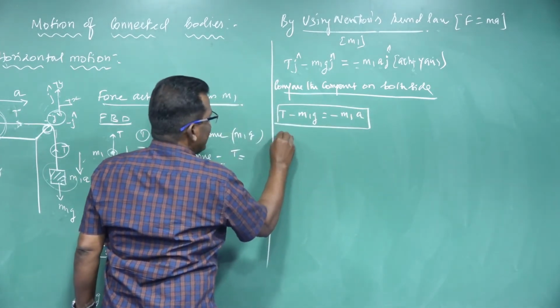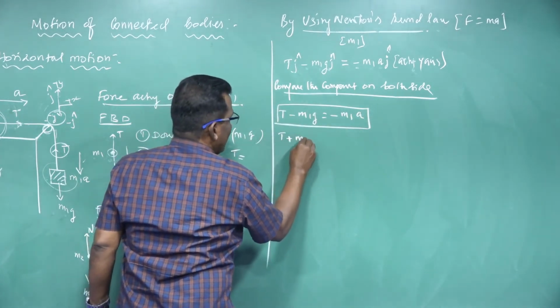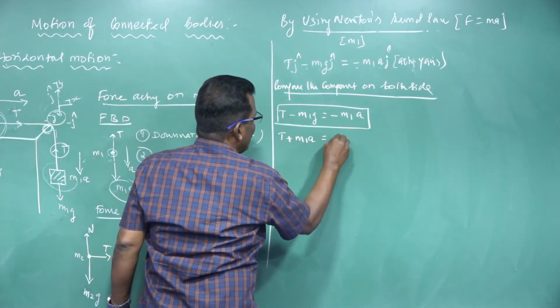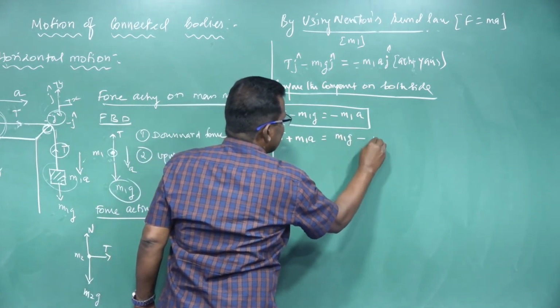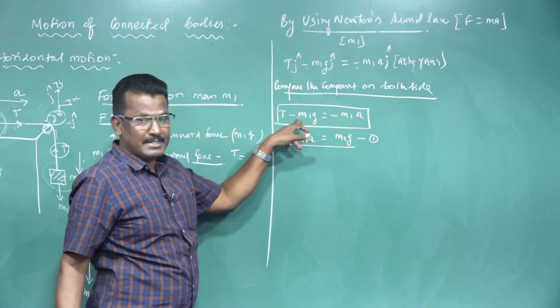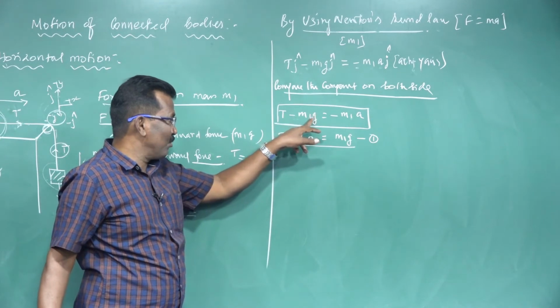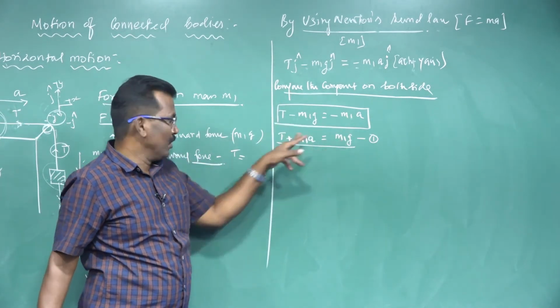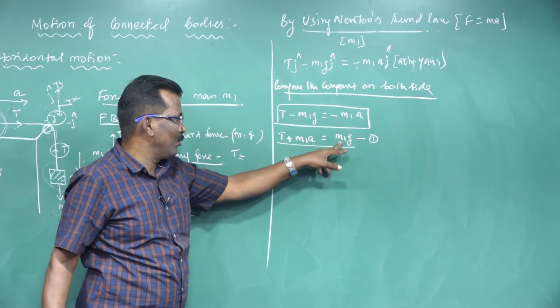Or rearranging, T plus M1a is equal to M1g, equation number 1. Rearranging, minus M1a comes to this side and becomes positive, minus M1g goes to the other side and becomes positive. So T plus M1a is equal to M1g.